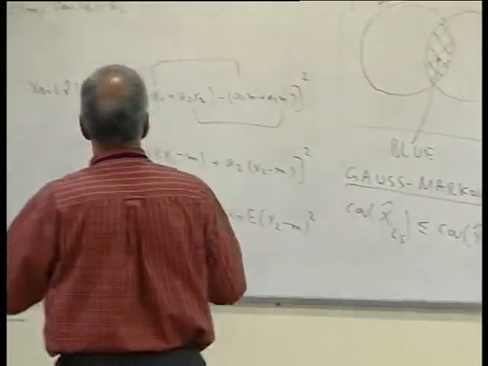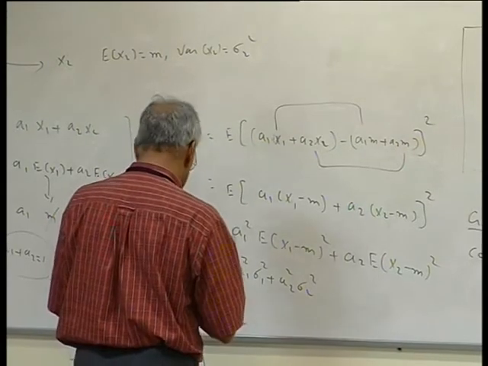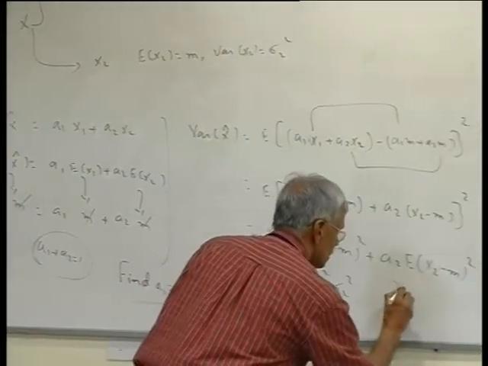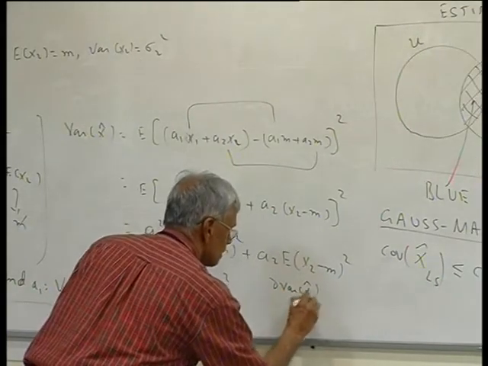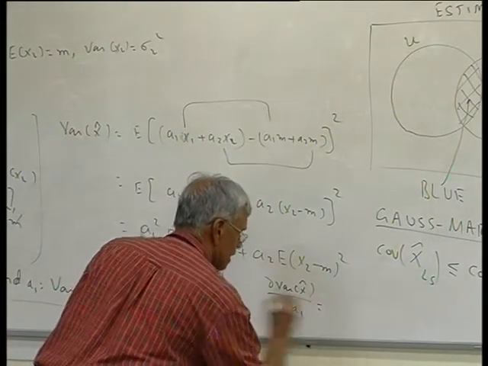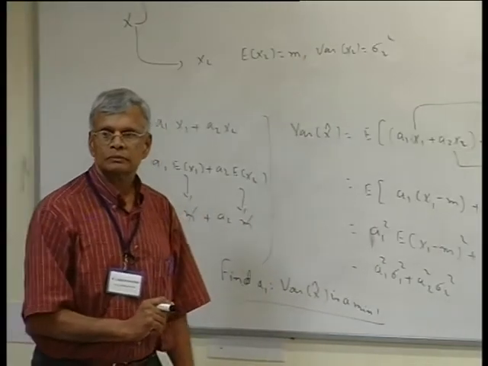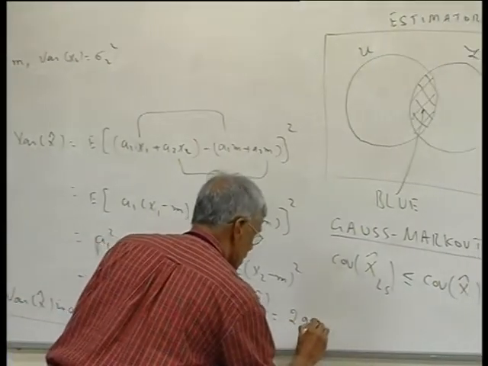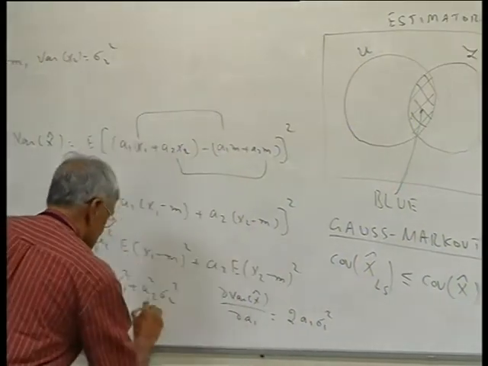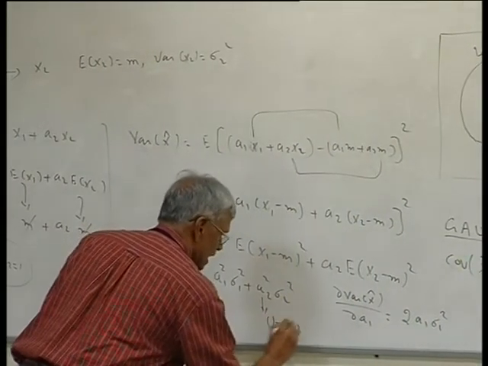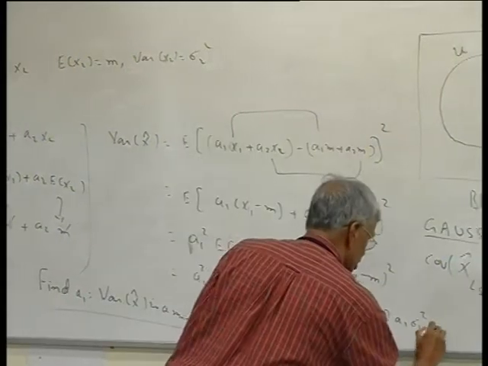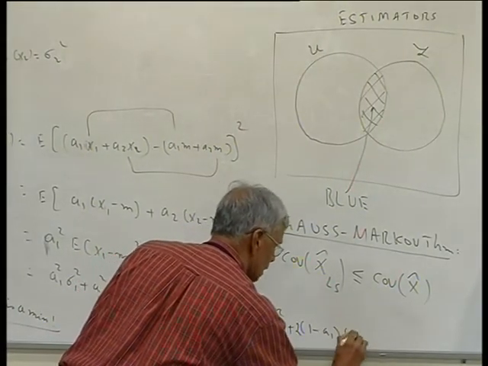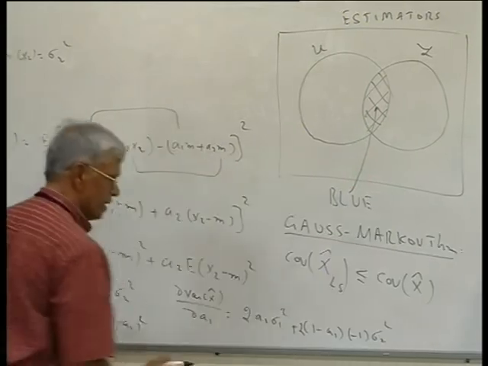So what do I now need to do? I need to be able to differentiate this quantity with respect to A1. So what is that going to be? That's going to be 2 A1 sigma 1 square plus 2 times (1 minus A1) times minus 1 sigma 2 squared.